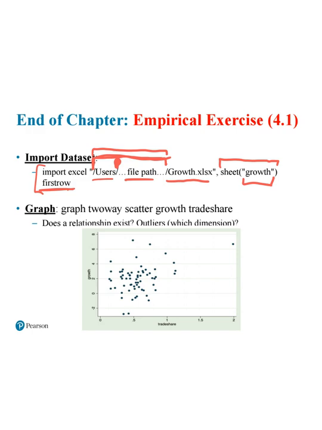So looking at it in this two-variable world, where we have trade share on the horizontal axis and growth on the vertical axis, you can find this graph right here to visualize it by telling it to graph a twoway scatter plot, and you tell it the y variable and the x variable.